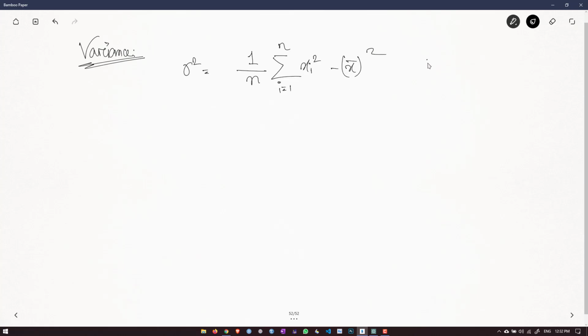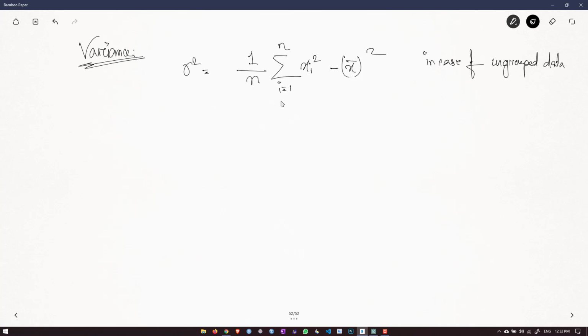This is in case of ungrouped data. So basically here you will have to square the data, whatever you are given, add them, divide them by n, then subtract the mean.